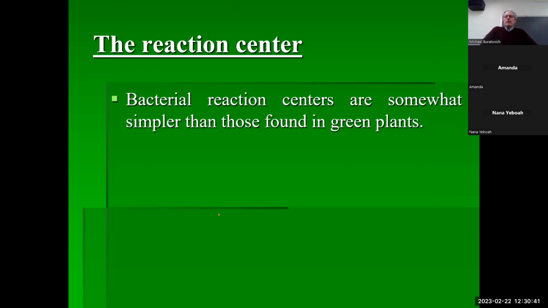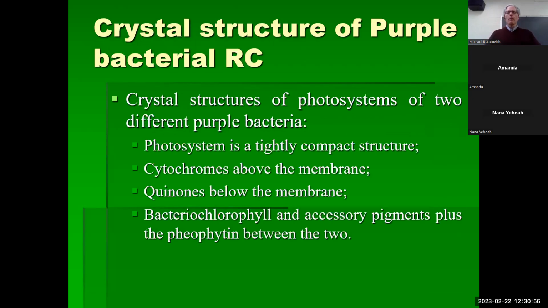So the first reaction centers that were examined in great structural detail were the ones in bacteria. And that was a good choice because they're much simpler in bacteria than they are in green plants. The first crystal structure of a reaction center was the crystal structure for Rhodopseudomonas.